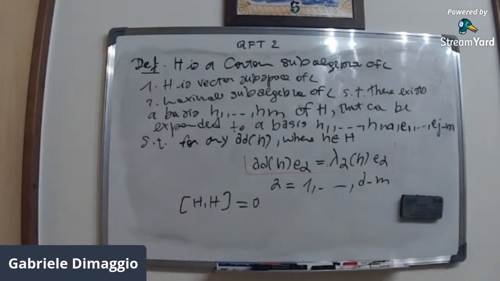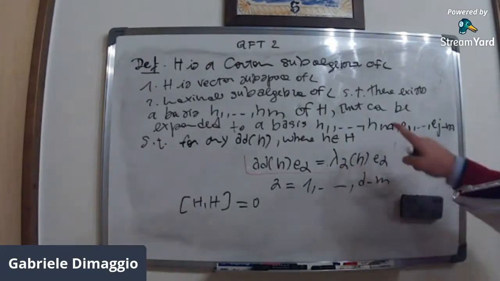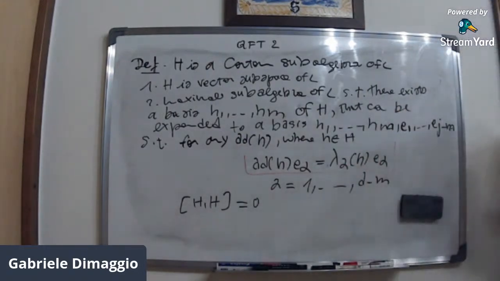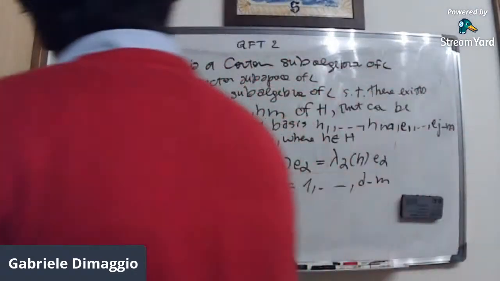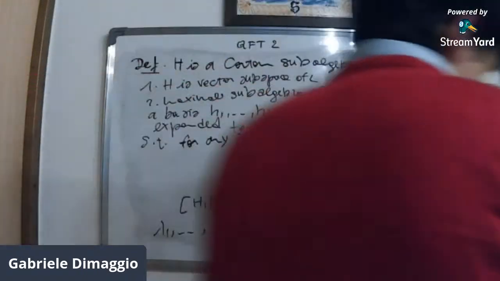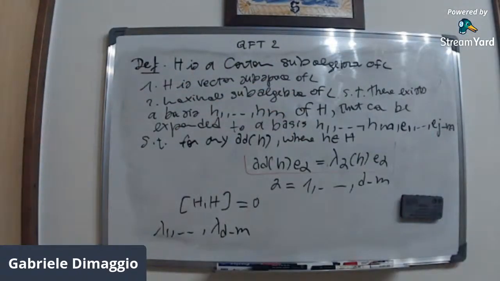Now, here I have lambda alpha of H. This is an arbitrary function of H, and I have that lambda 1 and lambda t minus m are called roots.